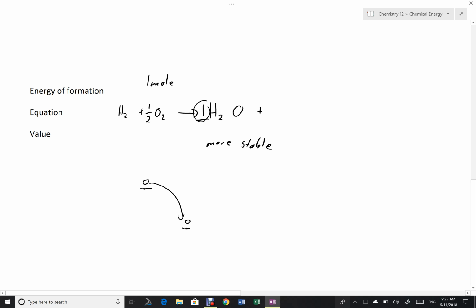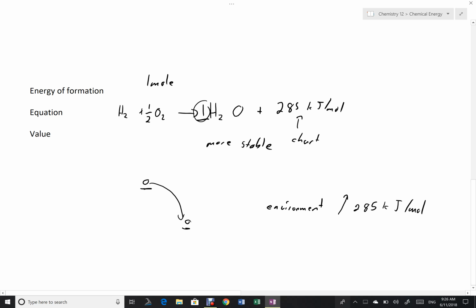The energy that would be available to the environment is 285 kilojoules per mole. I'm getting this value out of a chart. I don't know this or anything like that. I just happen to have a chart with me here. Anyway, so what that would mean then is the environment would receive that 285 kilojoules per mole.